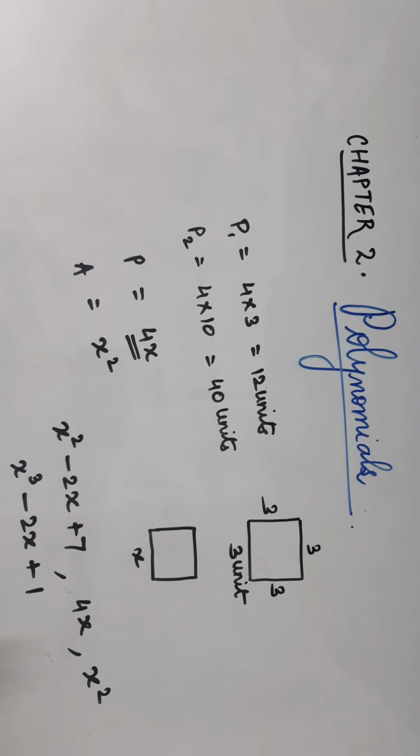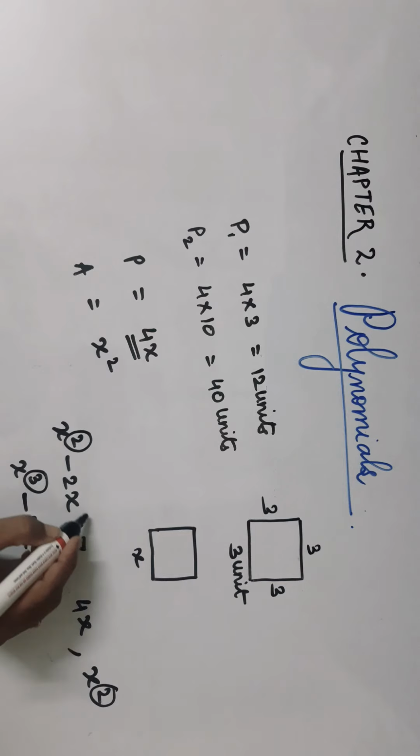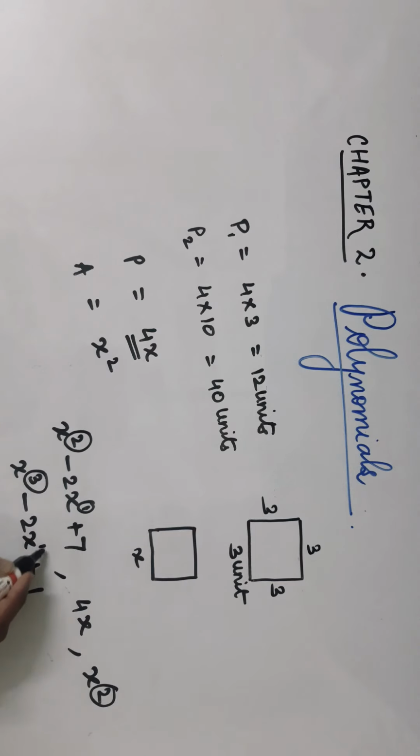So the algebraic expressions till now which we have seen, you must have noticed that all the exponents are whole number. All the exponents are whole number. Even here the 7 is multiplied with x raised to 0.